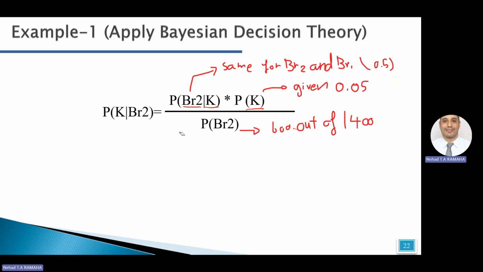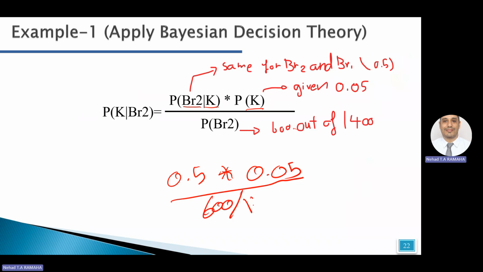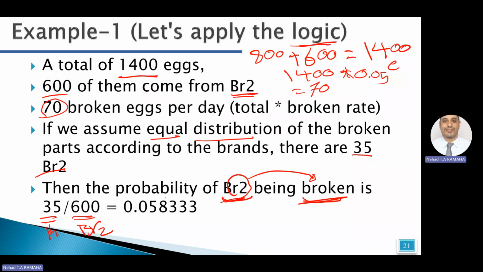Okay, so calculate. It's 0.5 multiplied by 0.5 divided by 600 over 1,400. You will find that the number is the same as this one.